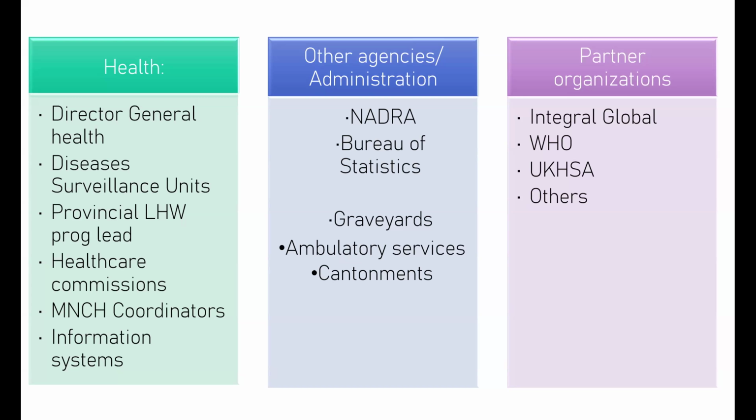And ambulatory services: we have a huge network of ambulatory services, philanthropically driven. So these also have to be accounted for, and there are cantonments. Cantonments are as big as our cities. We've also engaged with them, although it's very difficult to get information out of those cantonments, but certainly they account for very important data aspects.